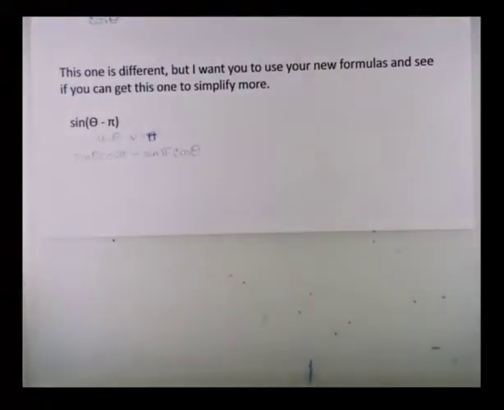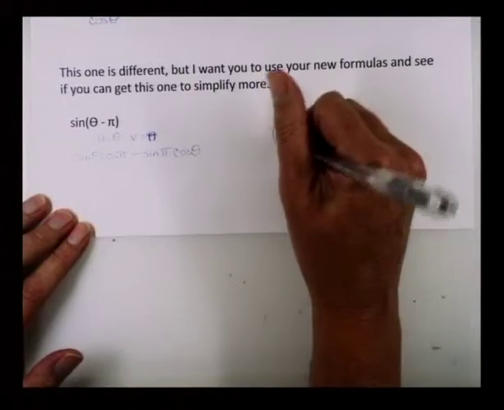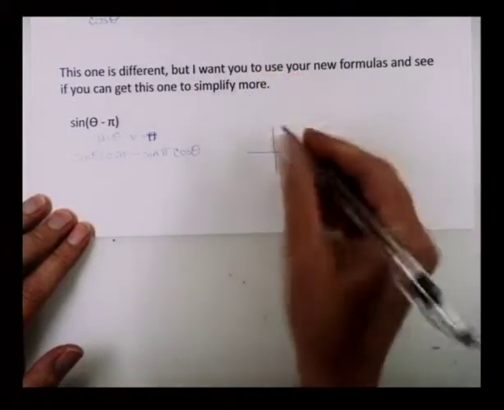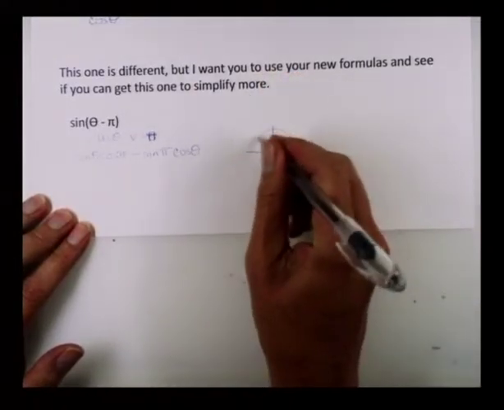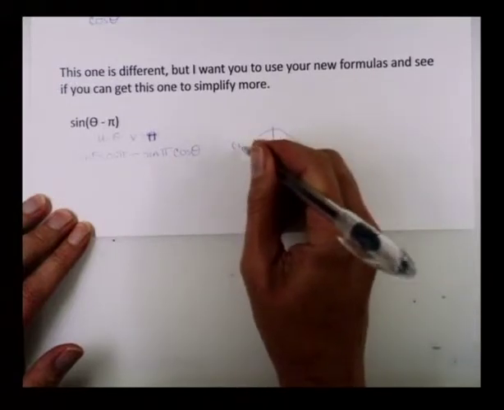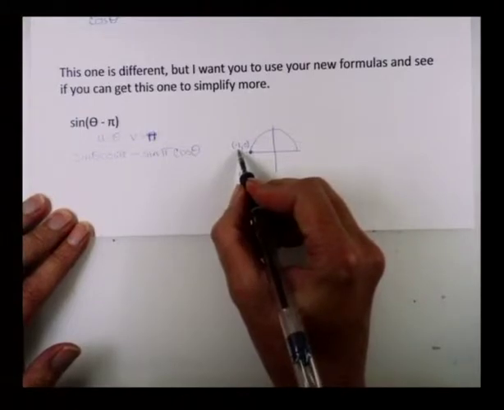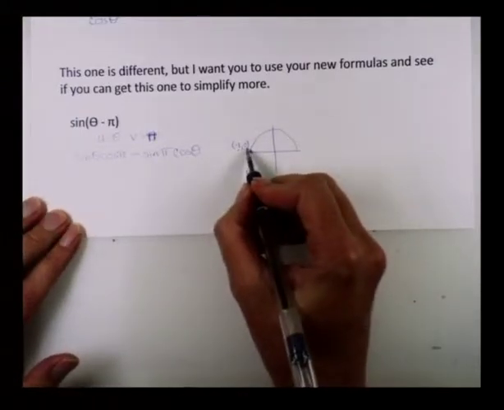Now when I look at this, I notice that I can actually simplify some of these values. So the cosine of pi, if you have trouble remembering those, think of the angle. Remember that pi is 180 degrees. The coordinates at this point would be -1, 0. -1 will represent the cosine value. The 0 represents the sine value.